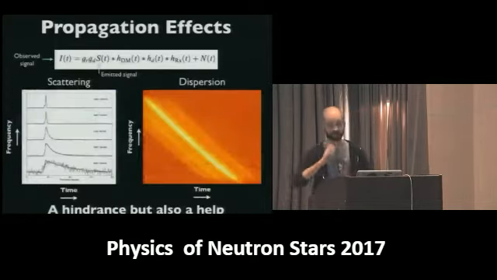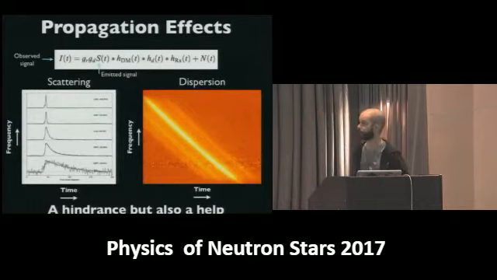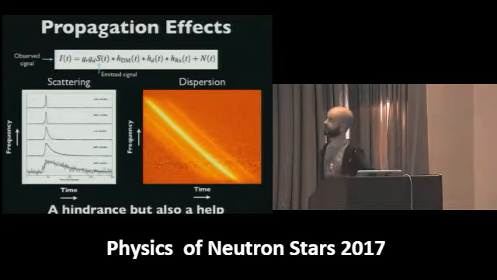The other challenge compared to high energies, X-rays and gamma rays, is the fact that radio signals are unavoidably corrupted or influenced by their propagation towards us. So the equation that you see at the top is trying to show you that the emitted signal, this S of t there, that comes from an astrophysical object is quite different than what we actually observe at a radio telescope.